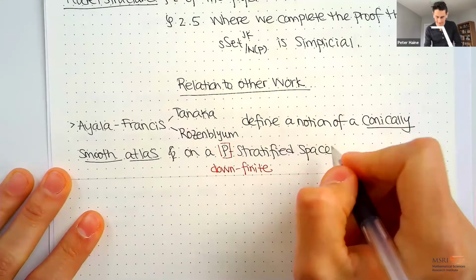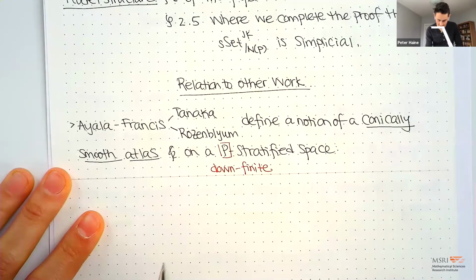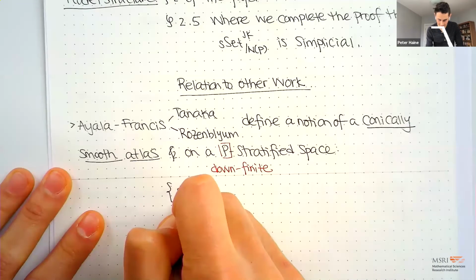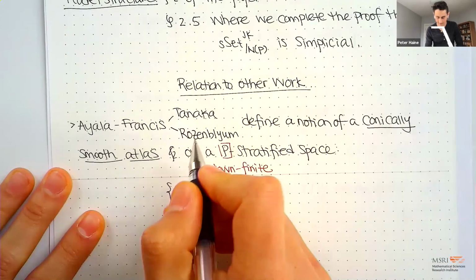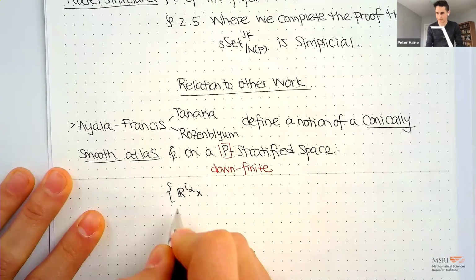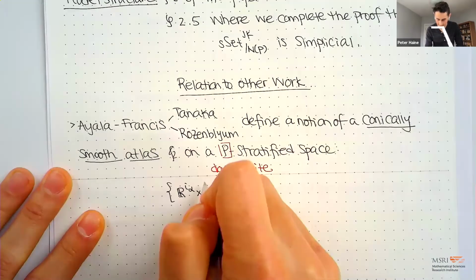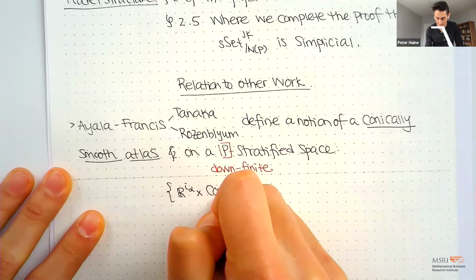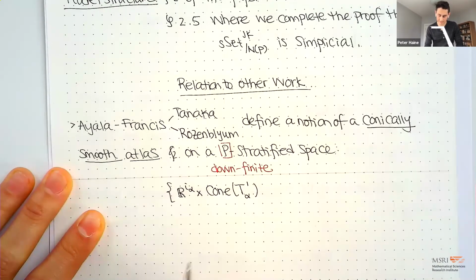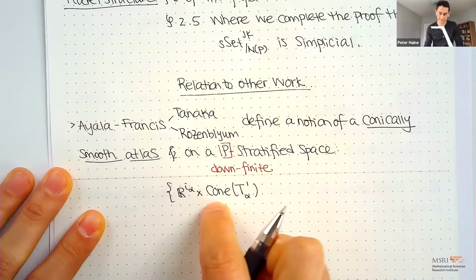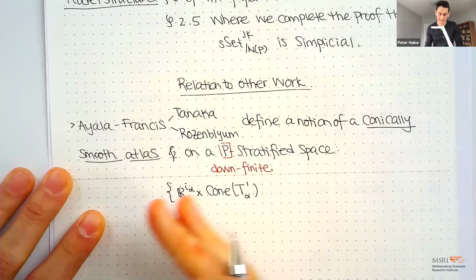Very roughly, this is some atlas where you have covers by some copy of a Euclidean space crossed a cone on some conically smooth stratified space of something that's strictly less depth.